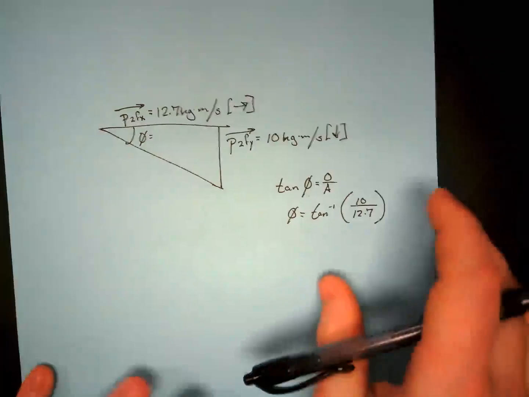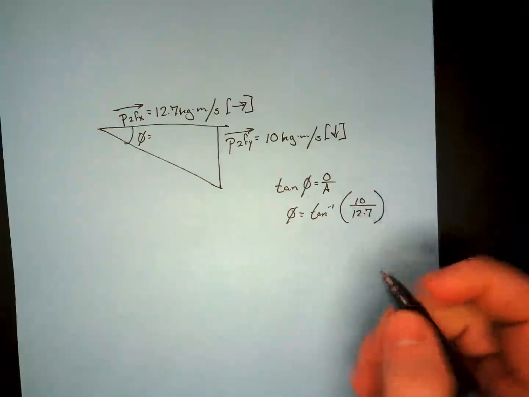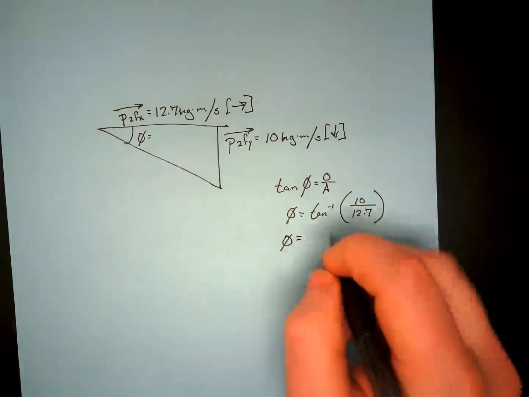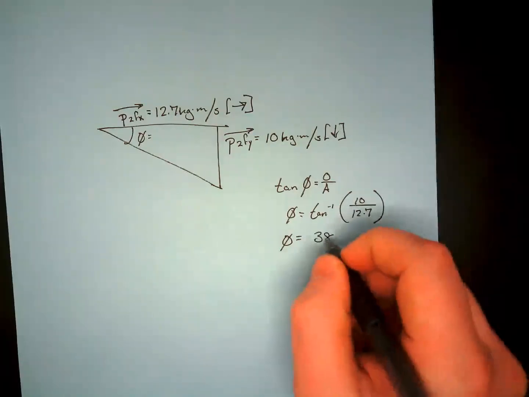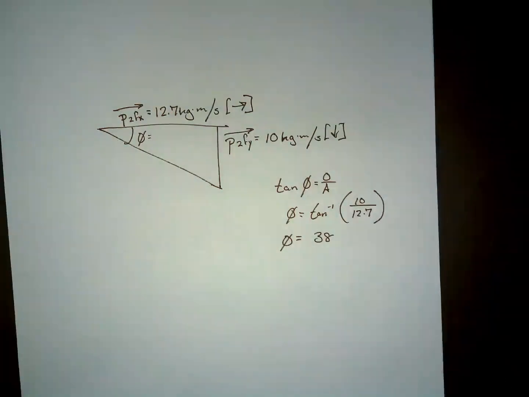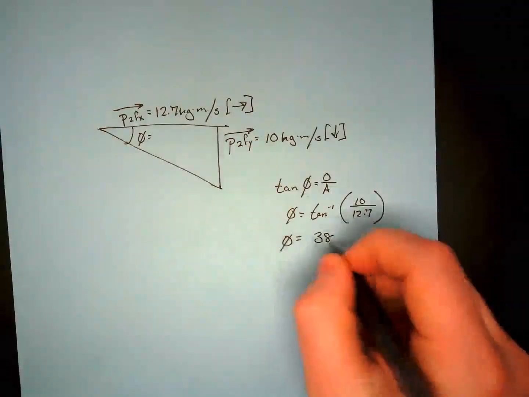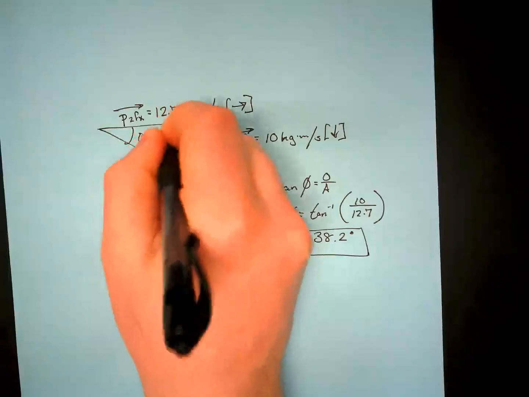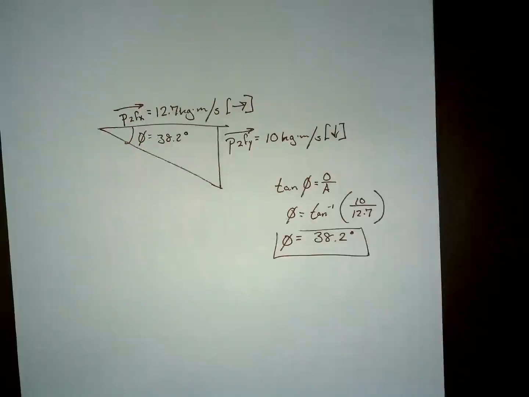Yes, 12.7. And then phi, you should get 38.2 degrees is what we should find. Okay, so phi here is 38.2 degrees.